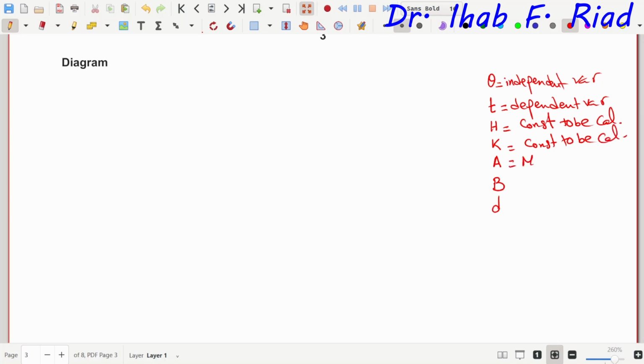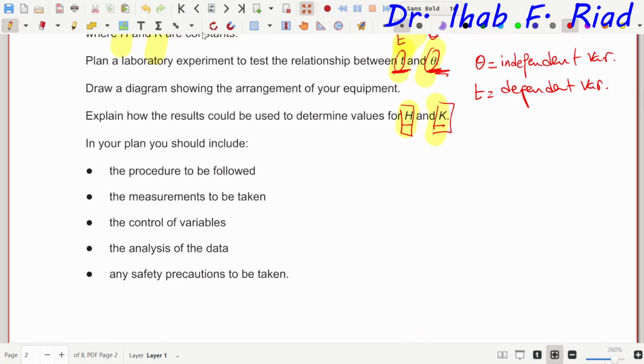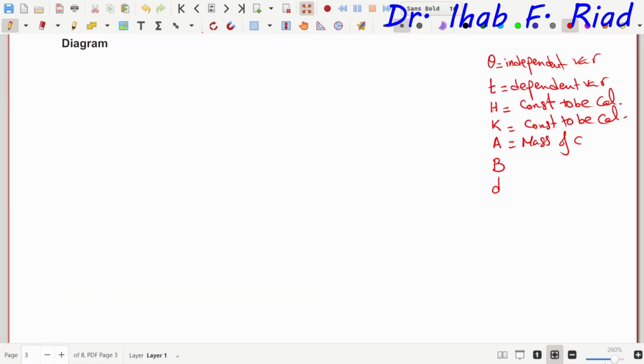A is the mass of the cube, B is the mass of the cylinder, and D is the height of the cylinder.